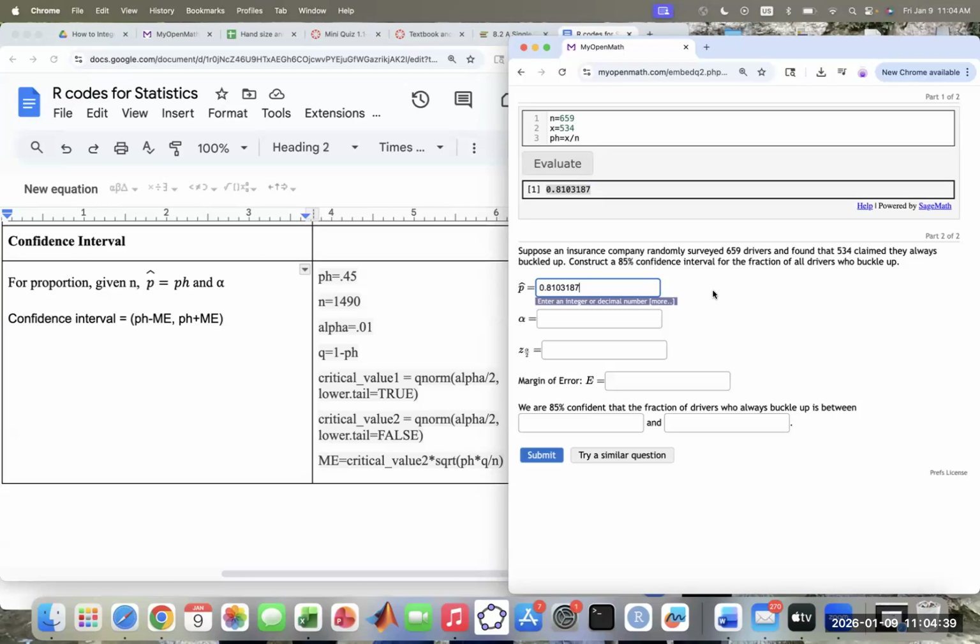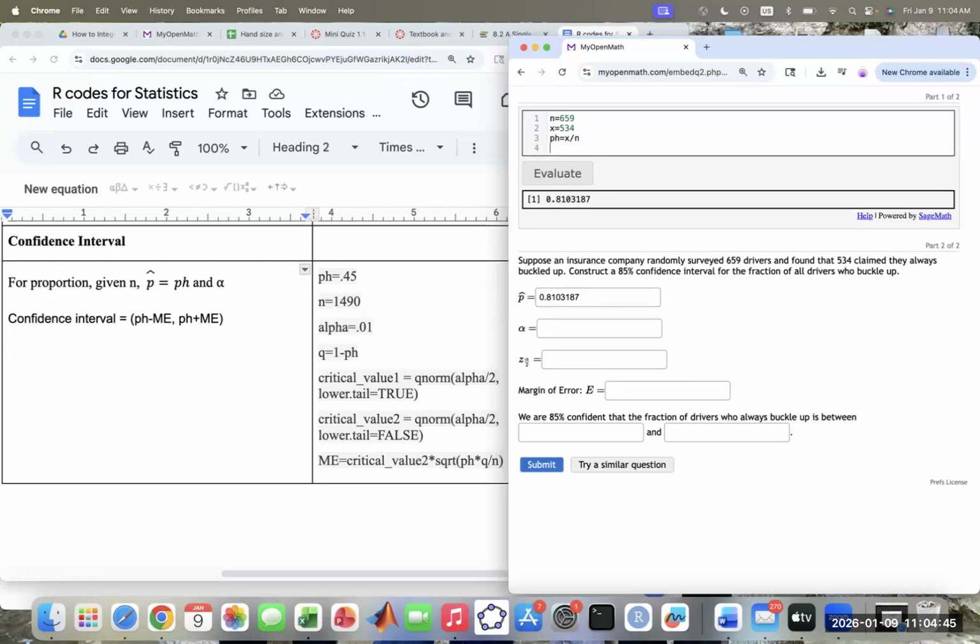Yes, I have that. And for the alpha over here, I have 85%, so that would be the alpha. I'm going to type it over here because I need that for the critical value later. So alpha equals 85%.